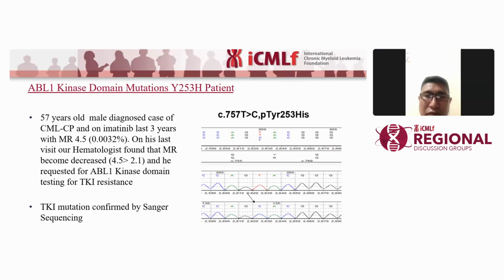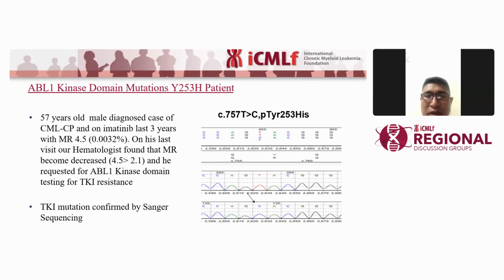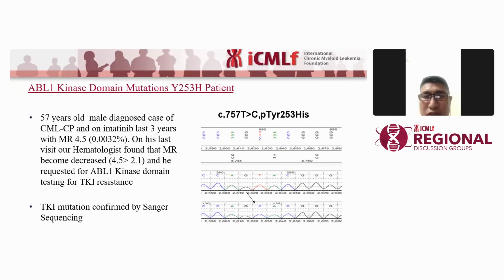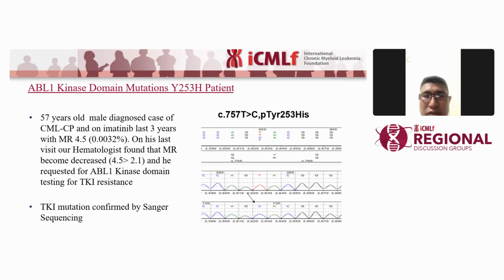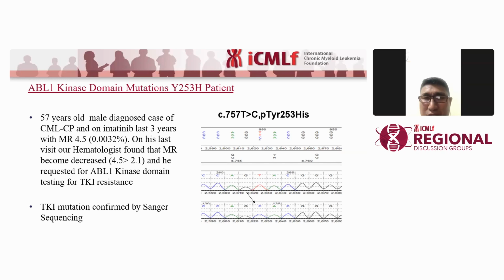Hi, good evening, everyone. With respect to this case, most of the time we do not have access to this mutation testing. When we send for mutation testing, in India it is almost every time Sanger sequencing. Most of the time it is reported as no mutation.